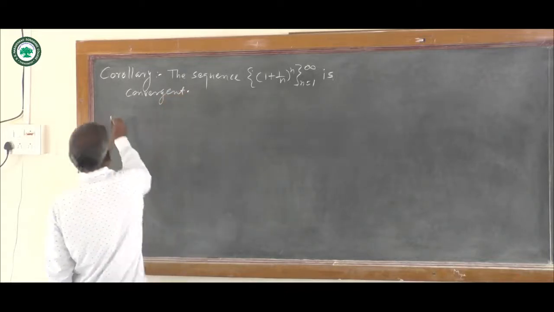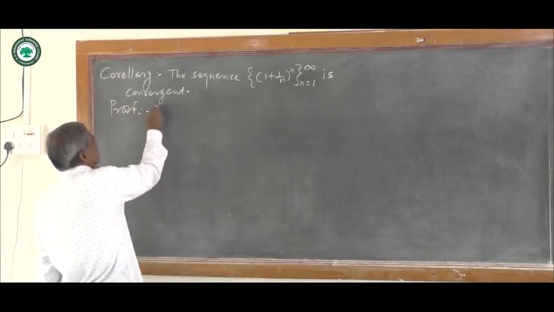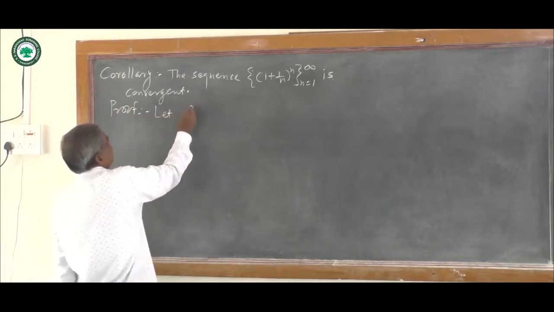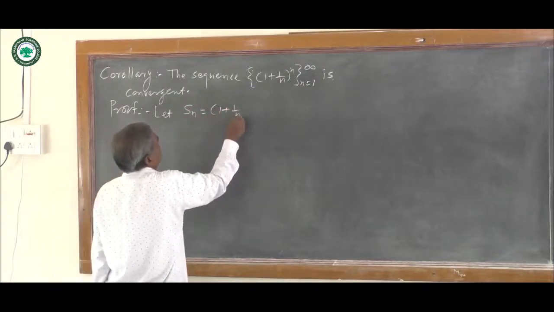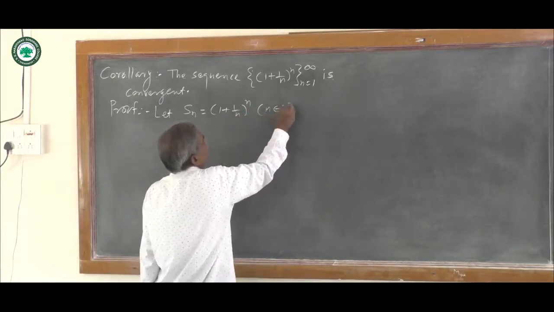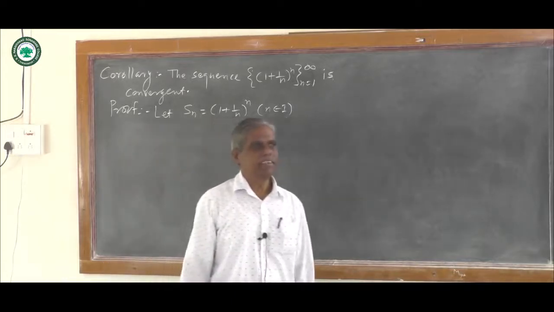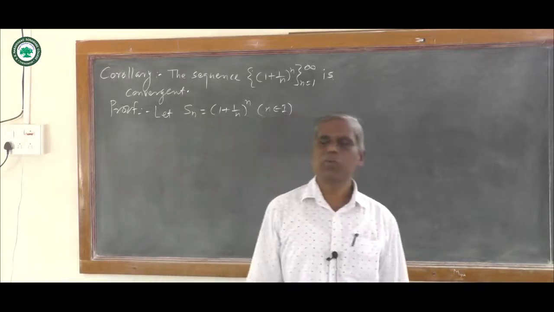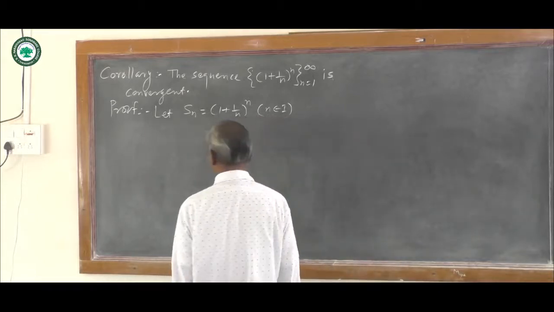Proof of this corollary: let Sn is equal to (1 plus 1 upon n) raised to n for all n belongs to I. Given sequence is Sn is equal to (1 plus 1 upon n) raised to n for all n belongs to I.